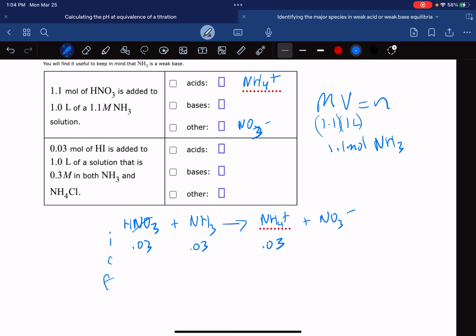Now, what is actually going to be reacting here? Well, this is going to completely use itself up with the base. And by the way, it's not HNO3 anymore, it's HI.